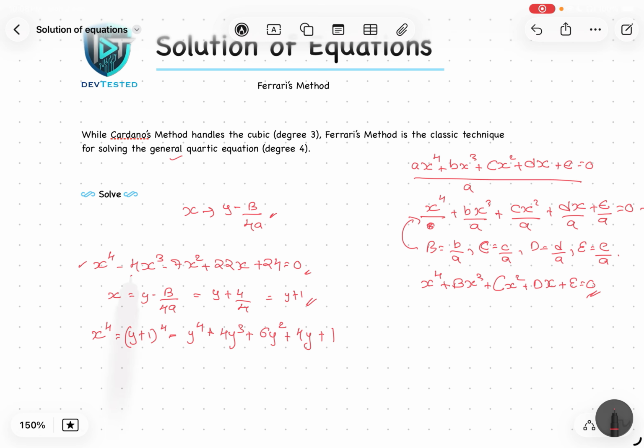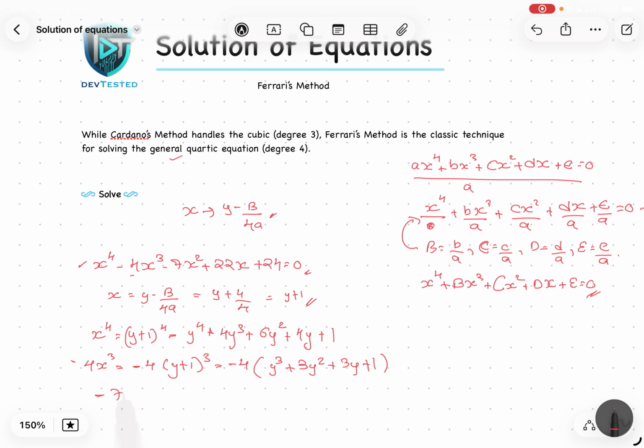And now come to minus 4x^3. That would be minus 4 (y+1)^3, which is minus 4(y^3 + 3y^2 + 3y + 1). This looks good.